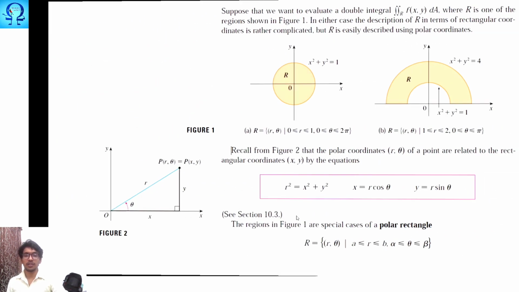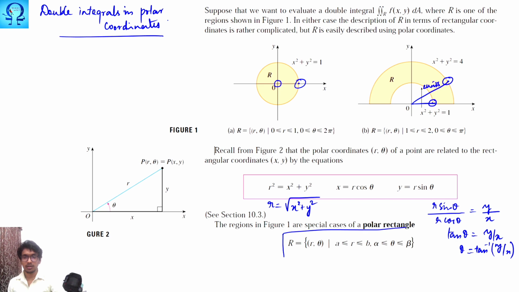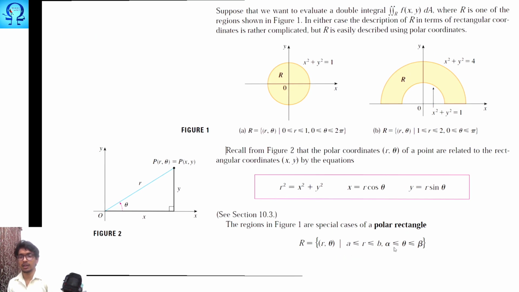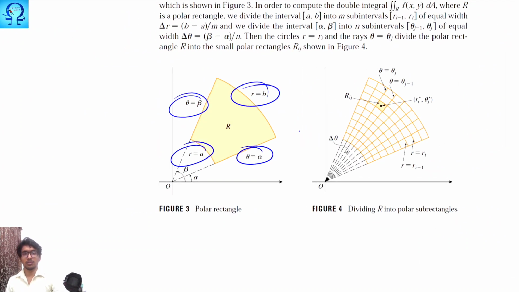Such types of regions are represented using this: r varies from a to b and theta varies from alpha to beta. So we write it this way. We subdivide this polar rectangle into smaller polar rectangles. How are we going to do it? We subdivide the interval [a, b] into m subintervals, and subdivide the interval [alpha, beta] into n subintervals, and finally we have the Riemann sum.